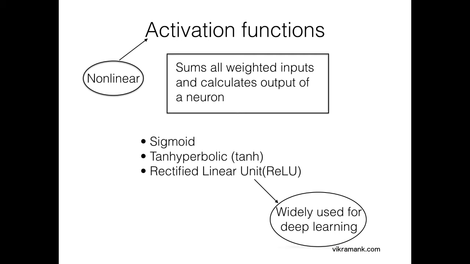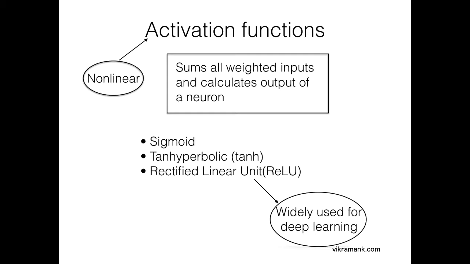So let's look into different types of activation functions that are currently used. As I mentioned before, the activation function sums all the inputs as a weighted input and calculates the output of the neuron. The three most commonly used activation functions are sigmoid, tan hyperbolic, and ReLU.